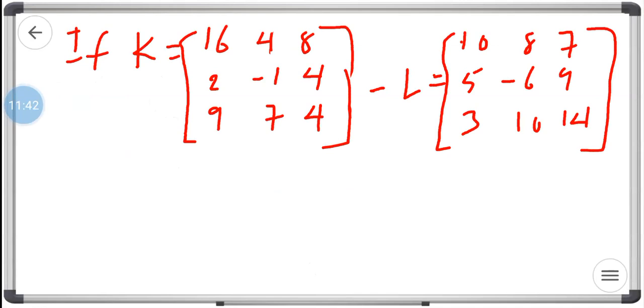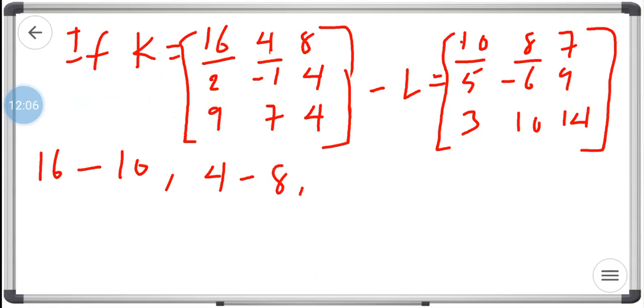Now from here, a11 here, that's 16, minus a11 here, that is 10, comma a12 here, that is 4, minus a12 here, that is 8, comma a13 here, that is 8, minus a13 here, that's 7.